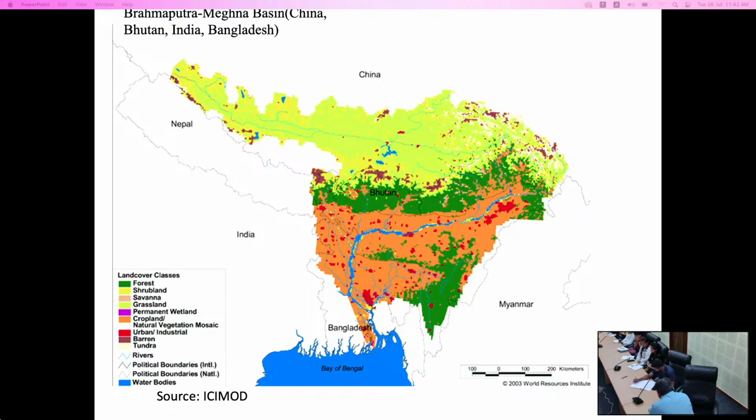Every raindrop that falls in this area will directly or indirectly contribute to the flow of the Brahmaputra. That is the concept of a basin. Very simple. All the rainfall will get converted to runoff and will gather ultimately, and the rain and runoff will come to this main Brahmaputra through different tributaries, right.